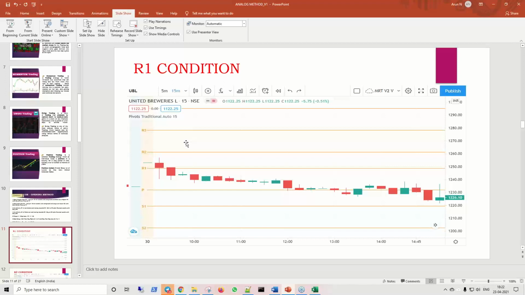They would be entering into their shorts, and when we are going along with their direction, the probability of success is very high. So here we would be entering at this R1 with pivot as target and R2 as SL. So this is the R1 condition.